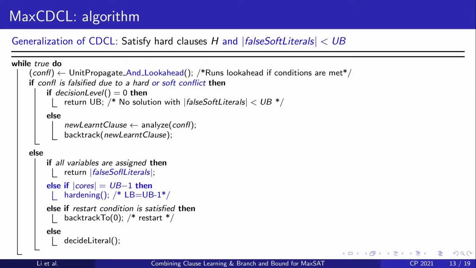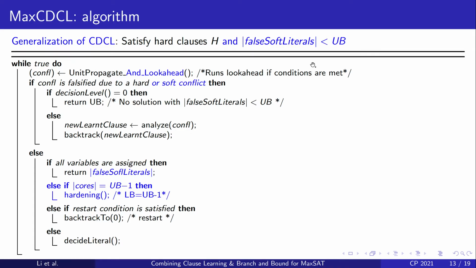So summing up, the algorithm that our solver implements is a generalization of the CDCL algorithm that current SAT solvers implement. I will not explain all the algorithm in detail, but I will just highlight the differences that make it a generalization. And these differences are highlighted in color blue.